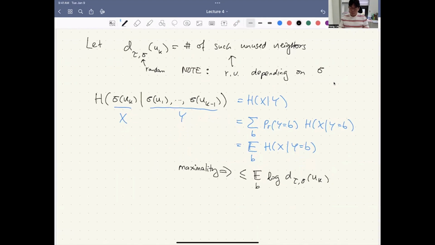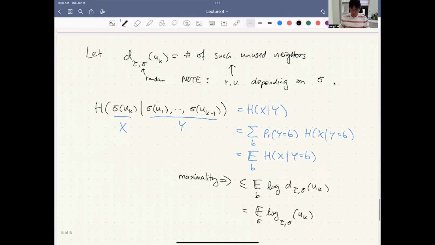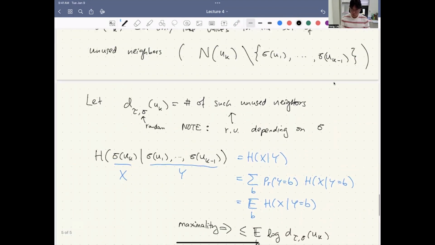And this B basically depends on sigma. This is just the expectation over sigma of log of d tau sigma UK. All right, we can now write this conditional entropy in this way.